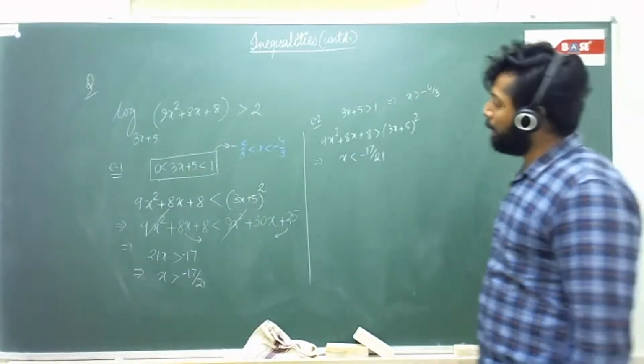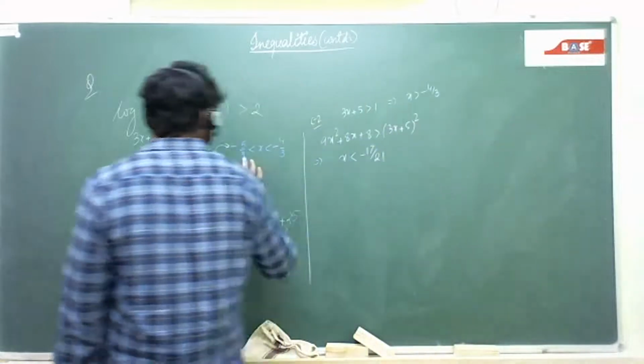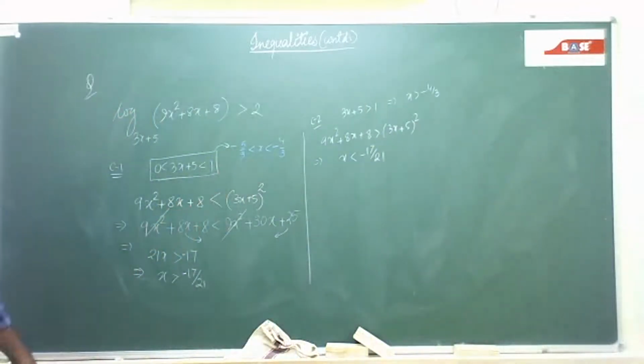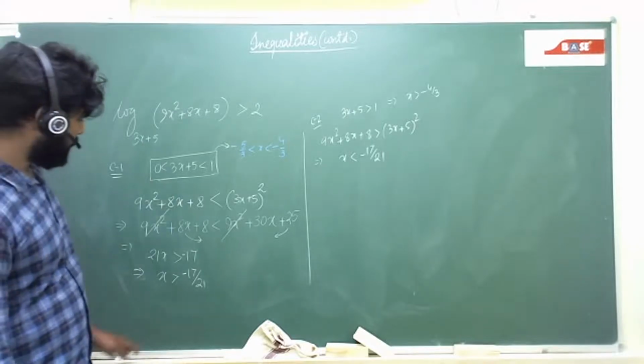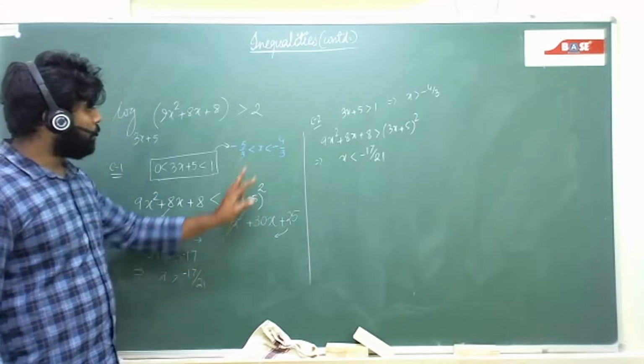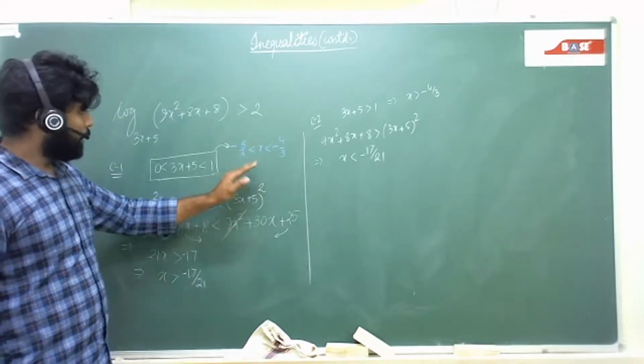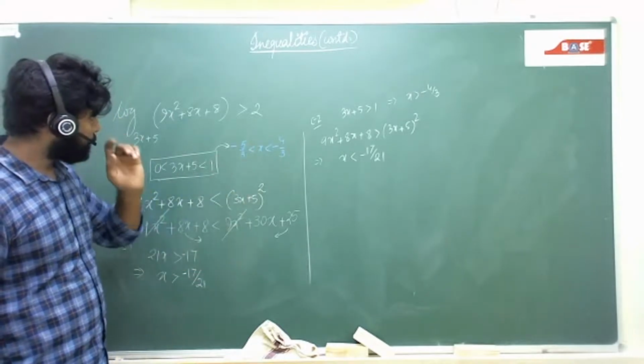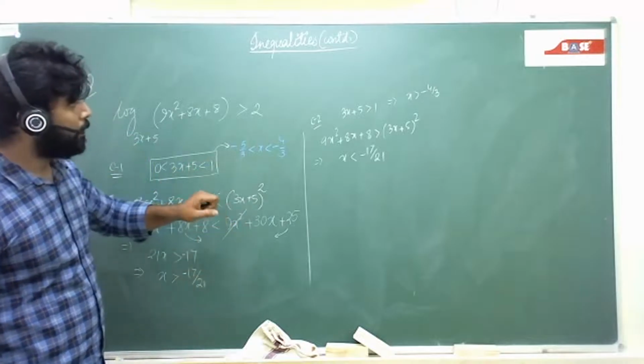I think we are not getting any common region between them. 5 by 3 and 4 by 3 and 17 by 21. So if you look at 17 by 21, that gives us almost 0.81. These are more than 1. So we are not getting very much common region from here.